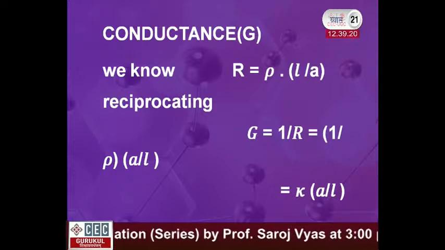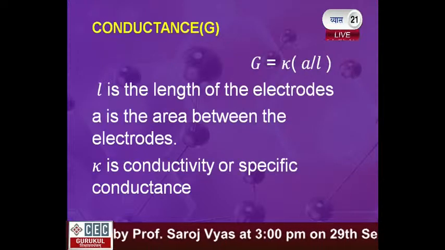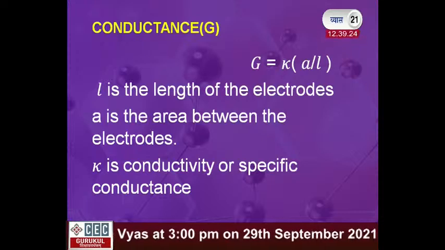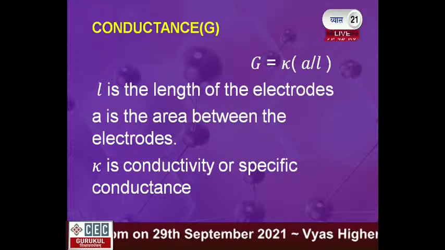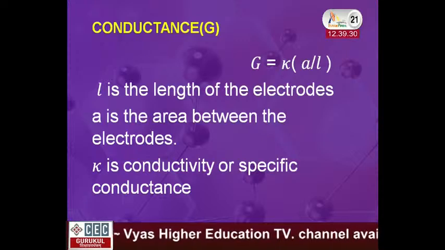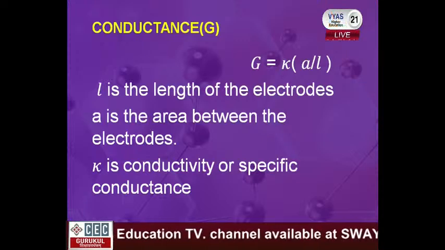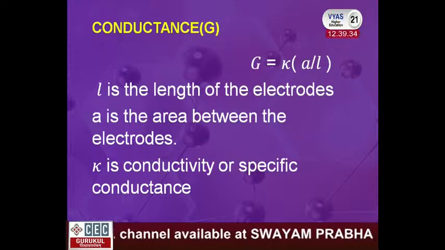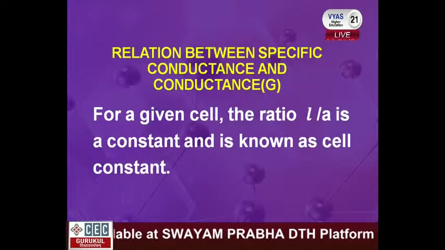So, we get G is equal to kappa into A by L, where L is the length between the electrodes, A is the area of the electrodes, and kappa is conductivity or specific conductance.